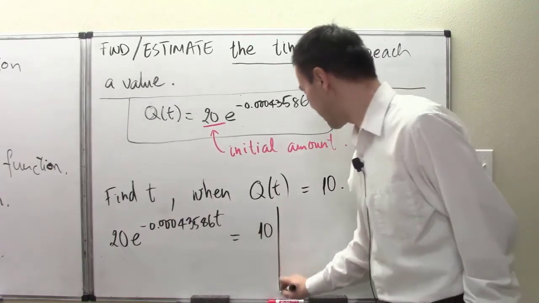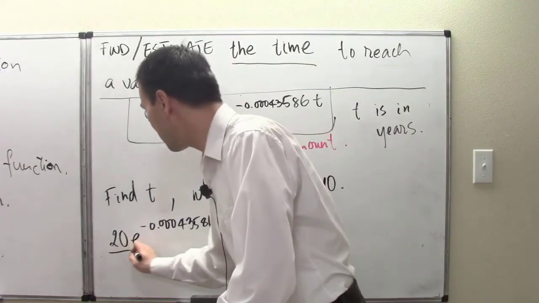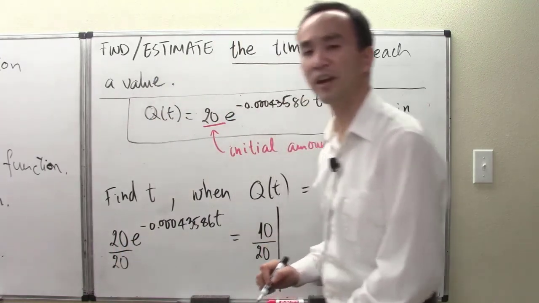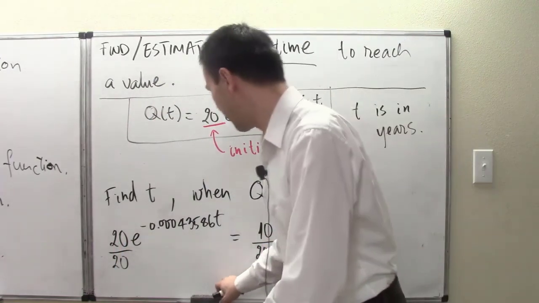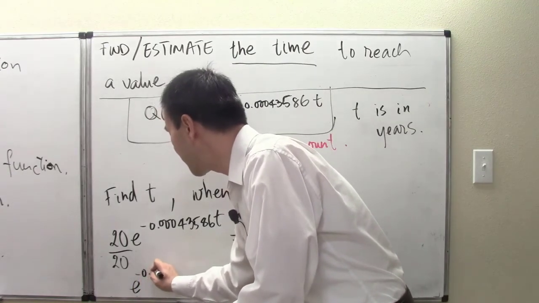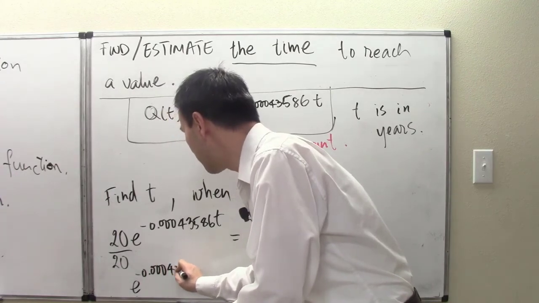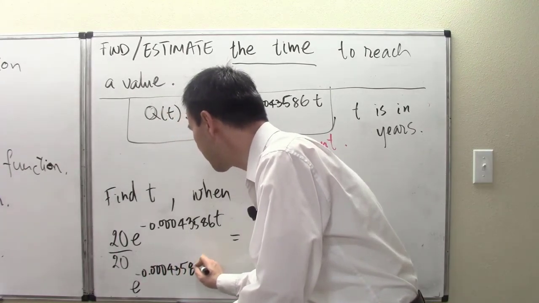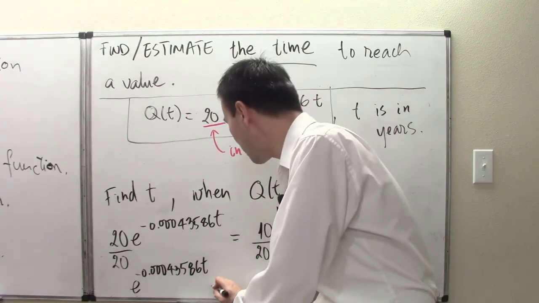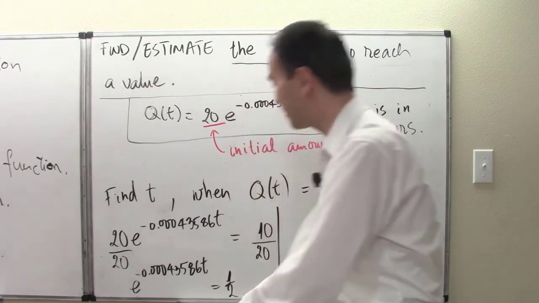I am going to divide both sides by 20. It's just a standard step; we're dividing the coefficients away. So I'm going to end up with e to the minus 0.0004356 t equal to 1/2.